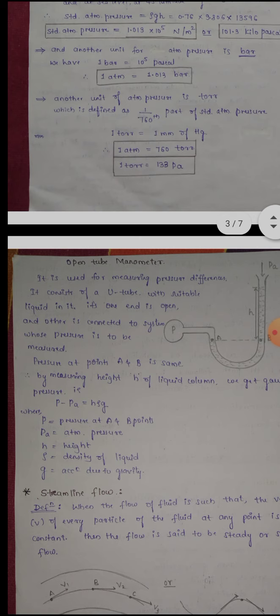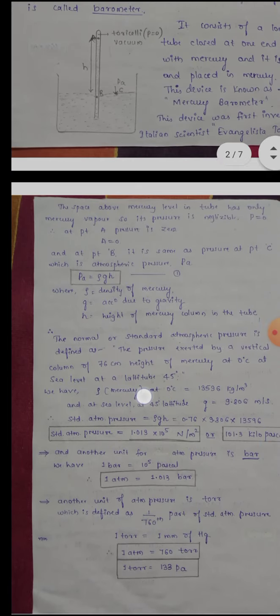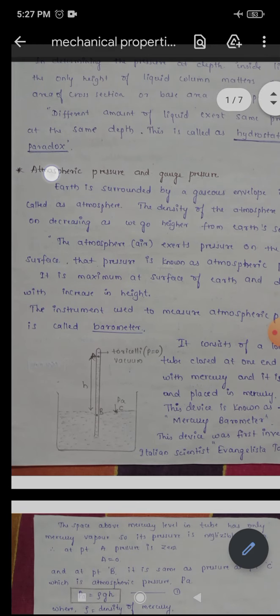Now we'll see another instrument, that is the open tube manometer. This is the instrument which is used for measuring the pressure differences. See, here we are studying atmospheric pressure and also gauge pressure. Gauge pressure means the difference of the pressure between 2 points separated by the depth h.